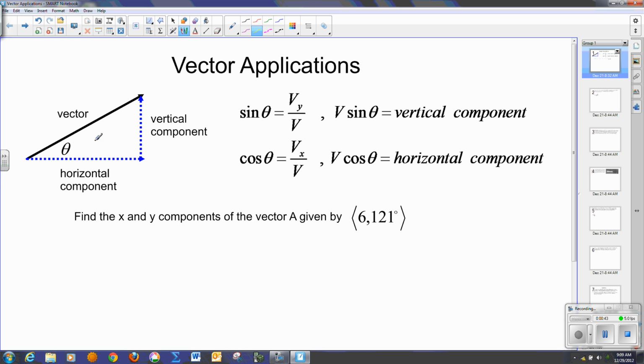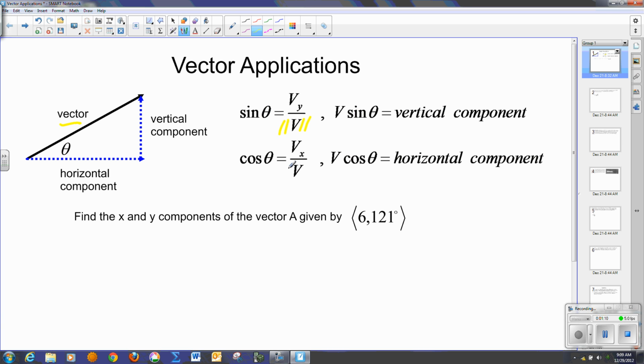Now there's a relationship between these components and the magnitude given to you. The sine is obviously equal to the opposite, and I call this the vector's y component, over the vector's magnitude, and I should probably put that in there. And if you multiply the magnitude by the sine of the angle, you get the vertical component.